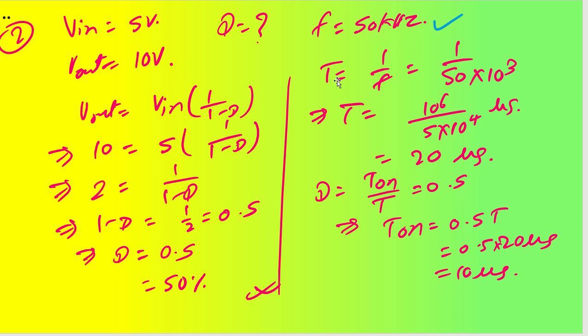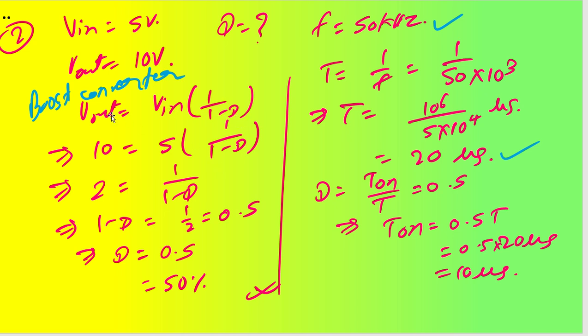From there we can get very easily what is the time period, 1 by f, that is going to be 1 by 50 kilohertz, which is going to be 20 microsecond. Now as we know the boost converter output voltage is going to be V input into 1 by 1 minus D, where D is the duty cycle.